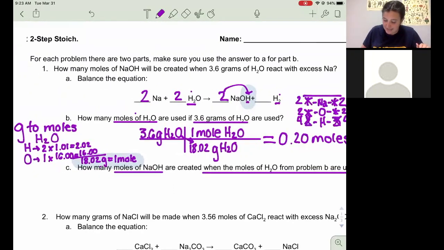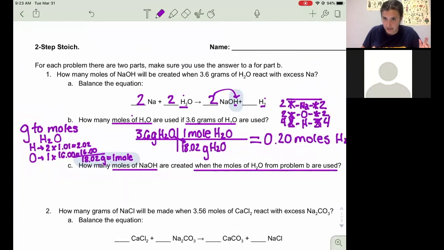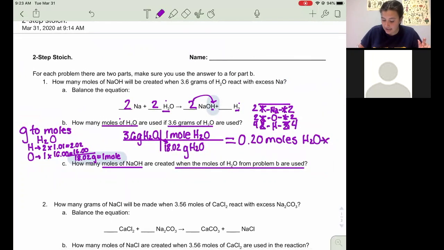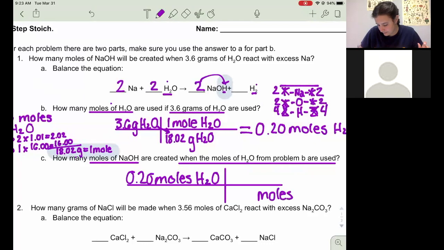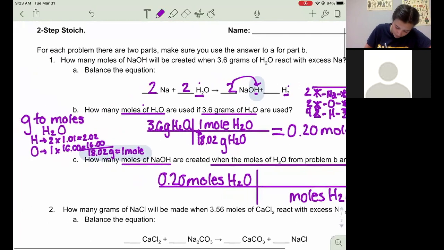So this one here, my given, sorry, little leg, my given is this value right here. So I set up my problem. My given here is 0.20 moles of H2O. I'm going to automatically bring down my unit. Now if I look at my problem, I'm not going from grams to moles. I am going from moles to moles.